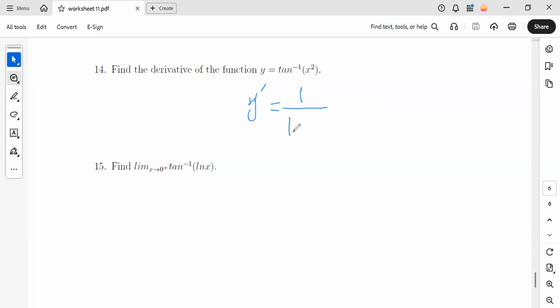But in here, we don't have just x. We would write 1 over 1 plus what we have here to the power 2 using the formula, times the derivative of the inside, which is x squared, so the derivative is 2 times x.